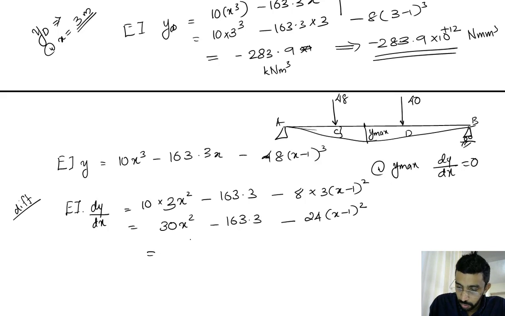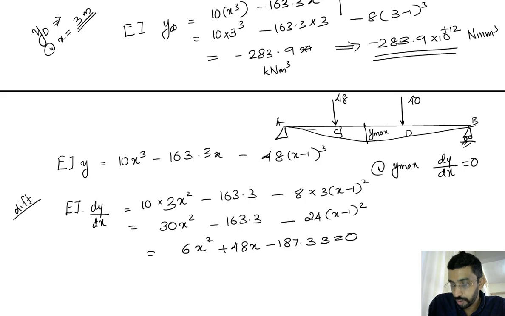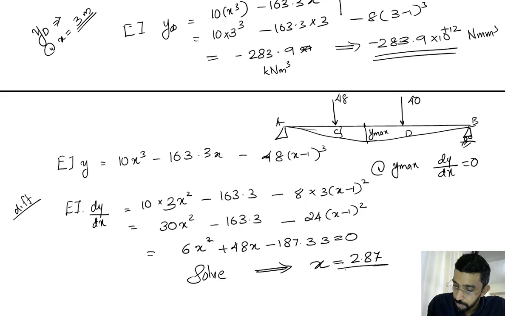Upon expanding all these terms and grouping, you are going to get 6x square plus 48x minus 187.3 equal to 0, and solving this equation gives x equal to 2.87 meters.